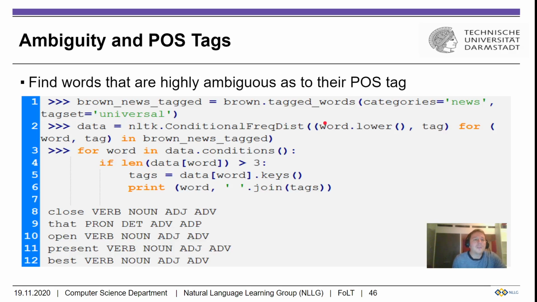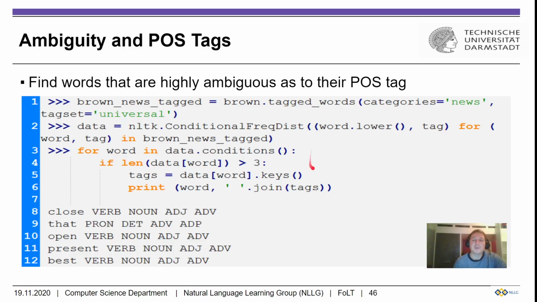So let us finish up with our small programming exercise on part of speech tags by checking the ambiguity of words. In this context, ambiguity means how many different part of speech tags a word can have.